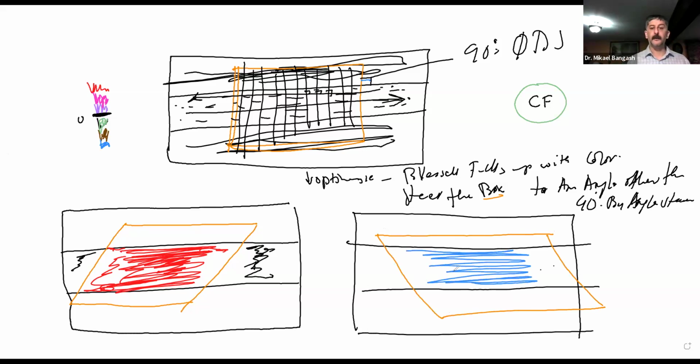It will be showing, let's say, blue color. Now, looking at the colors of your color map, what is the direction of the blood flow in this vessel here?